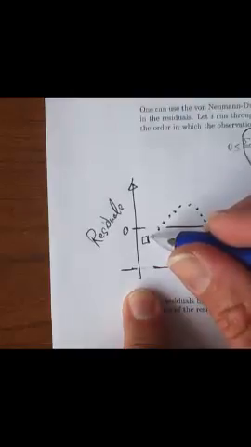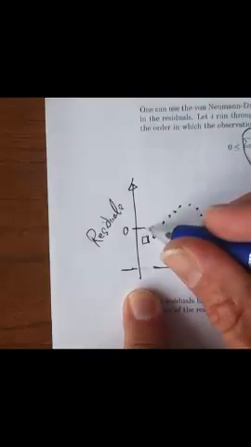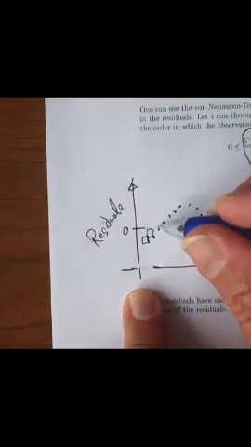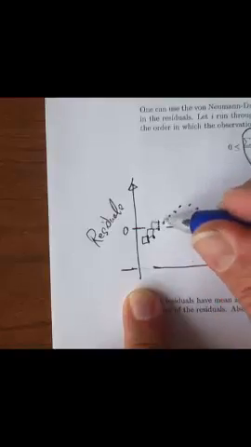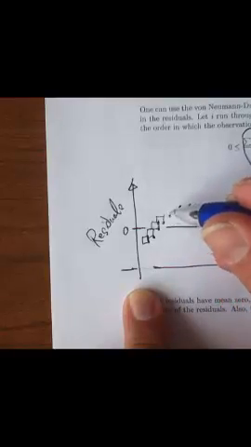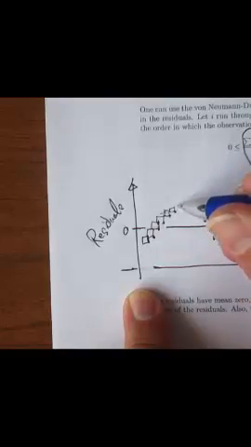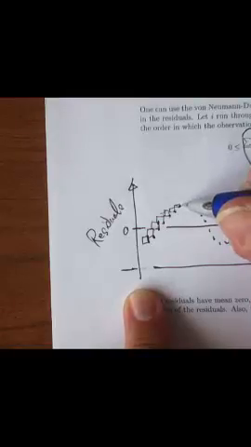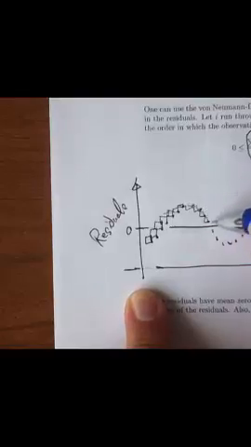Then if I look at the difference between the next two, I get the area of that square, and then the area of that square, and so forth. And I add up all the areas of these little squares here. You're going to get a bunch of little squares that you add up.